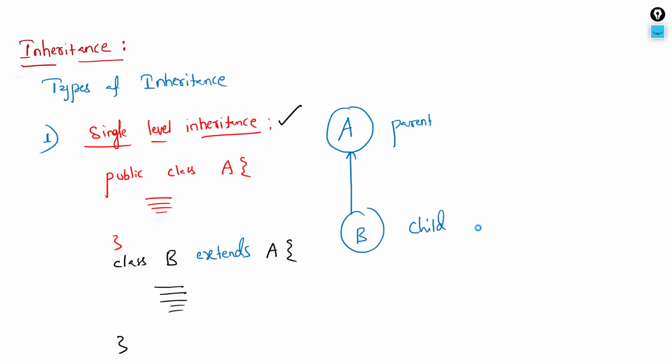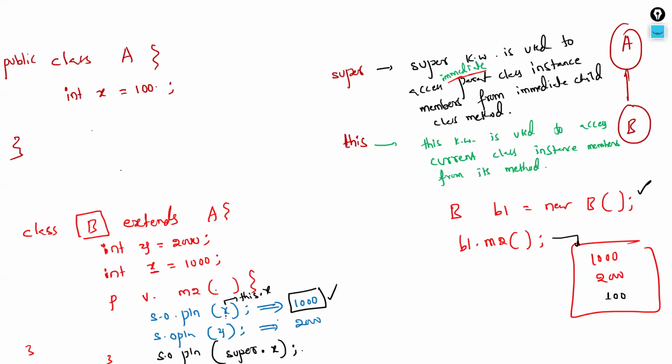I'm going to one of the previous class examples, and here I'm using this dot x. Can I use this dot x one more time in the next line? Can we use it 3 times, 4 times, 10 times, 100 times? Possible or not possible? Super dot x also. One more time, System dot out dot println super dot x. Possible? Yes.